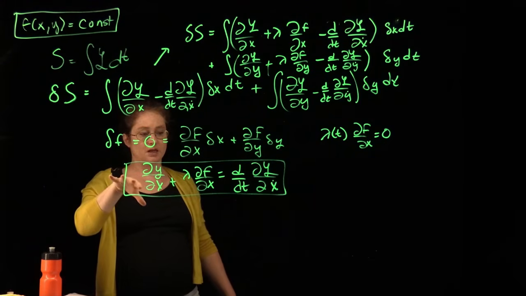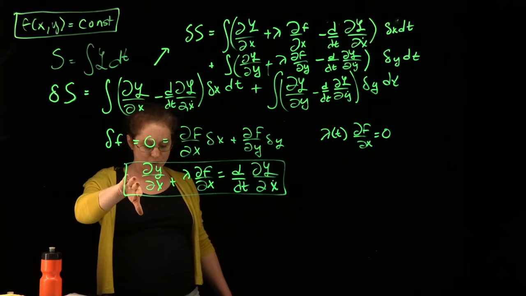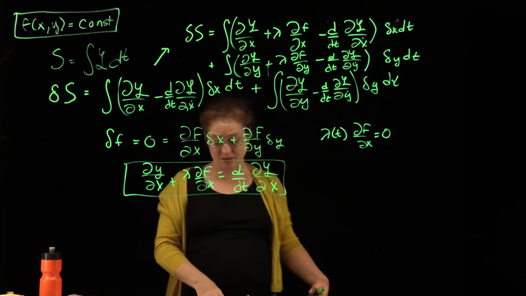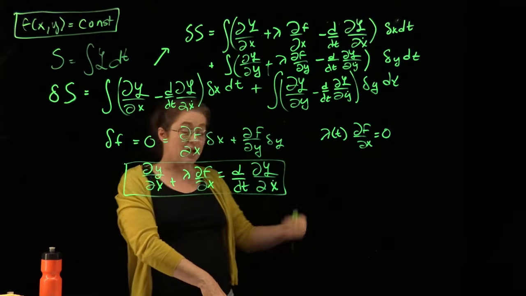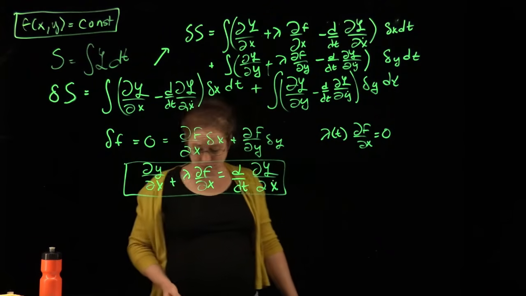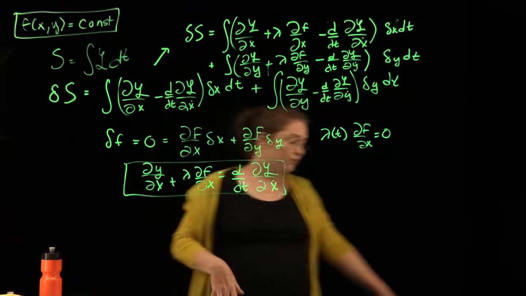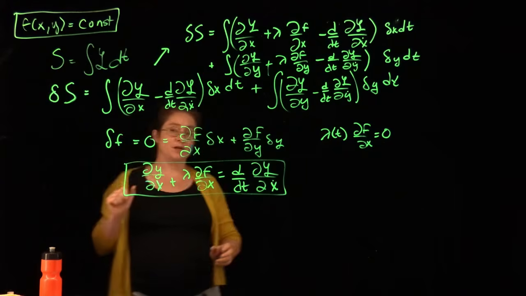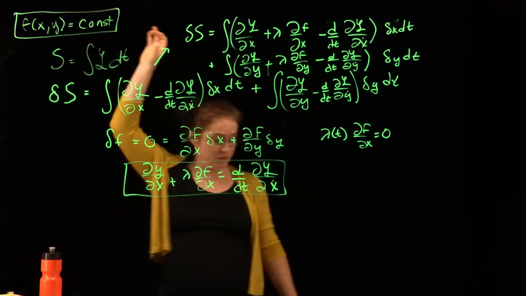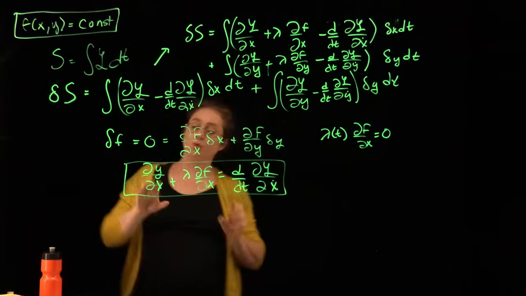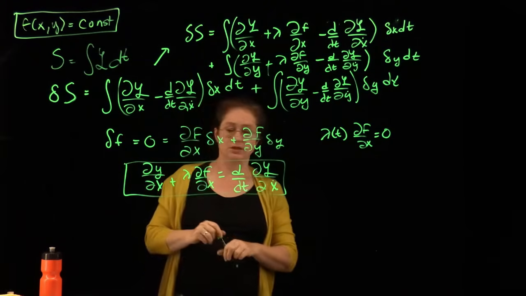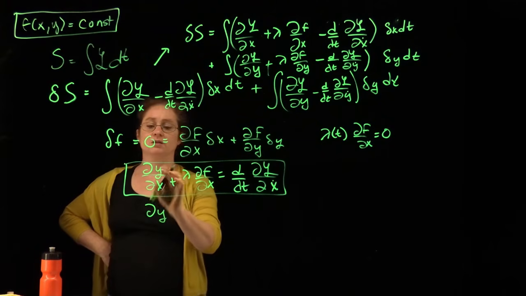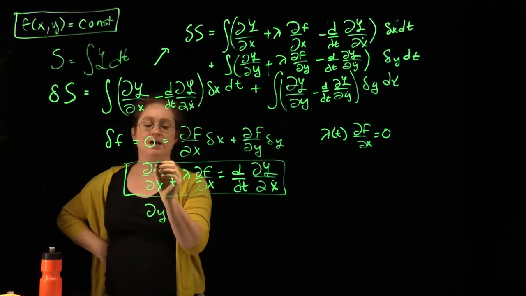Then you'll get equations of motion that have x double dot, y double dot, and lambda, and you can, in principle, solve for all three. Now, we've derived this for one constraint. If you had two equations that constrain it, you could add an extra term.